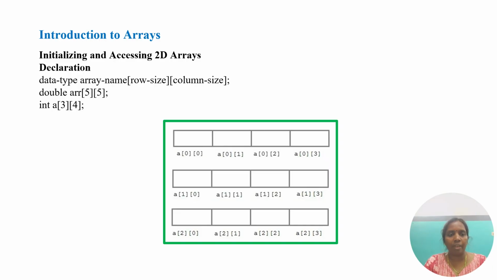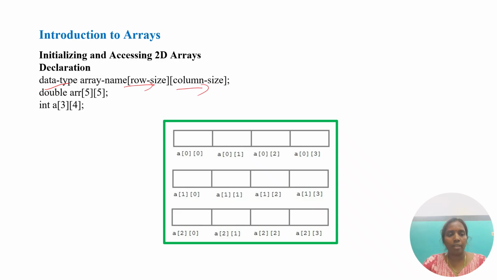So far we have seen how to initialize a one-dimensional array. Here we are going to see how a two-dimensional array is initialized. In this, the data type can be integer or double or whatever it is. After the array name, we have to give the row size and column size.